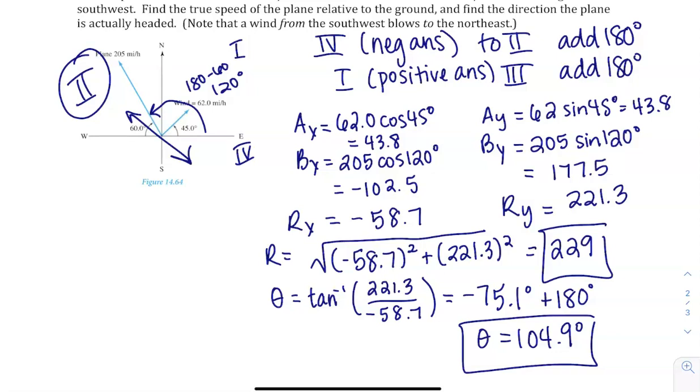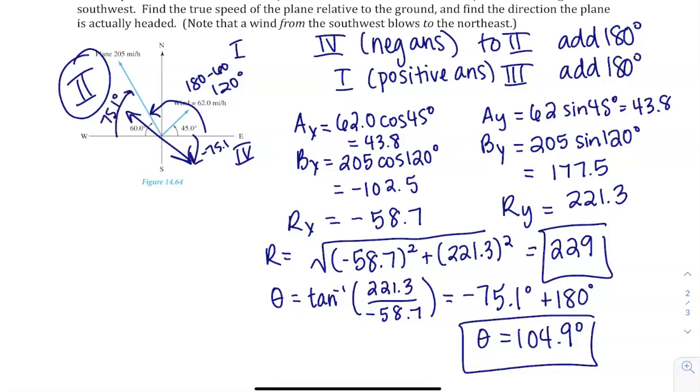The angle, with that being negative 75.1, that's in the east direction, but really we can describe that as 104.9 degrees for that angle, or if we're going negative 75.1 here, it would be the same reference angle.